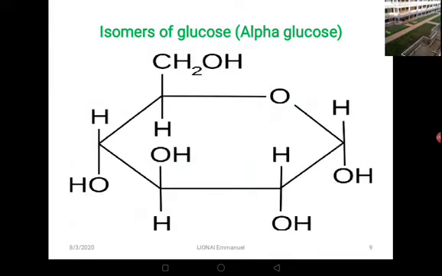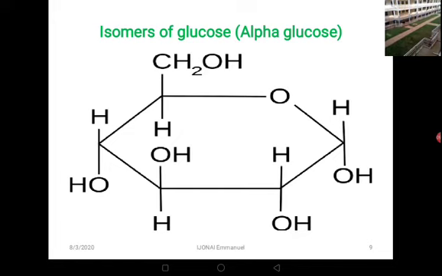Now when you look at this one here, let's look at the position of the OH on carbon atom 1. You realize that the OH is located below the H. That definitely means we have not removed any atom from this structure, but the position of the atoms has changed, and that becomes a different structure. So from the same molecular formula of C6H12O6, we now have two structures.